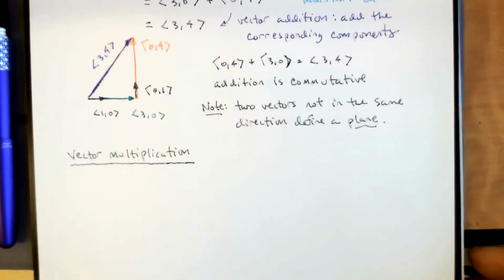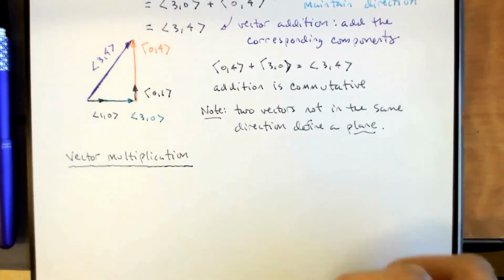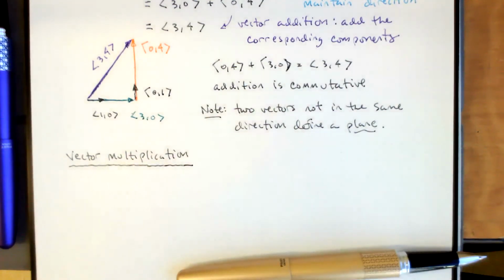So we've got to talk about vector multiplication. There are two things that can happen if we multiply a pair of vectors. I can multiply two vectors and come up with a scalar, or we can multiply two vectors and come up with a vector.